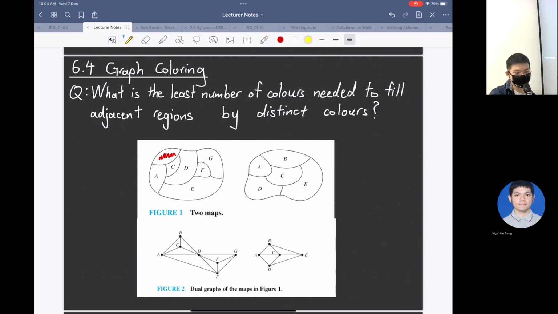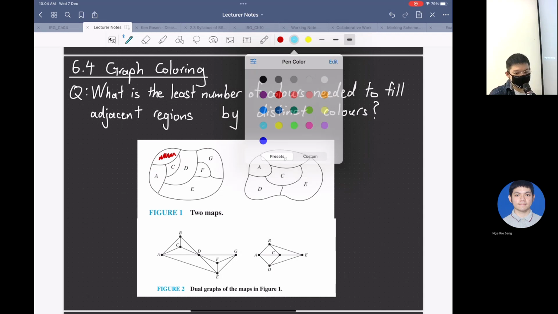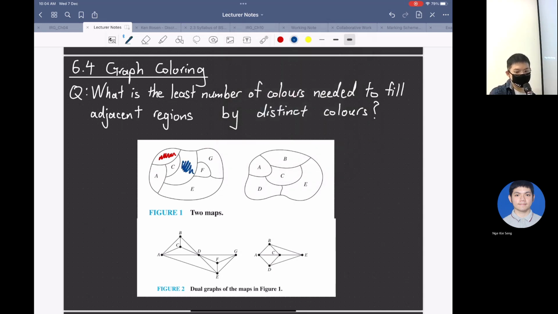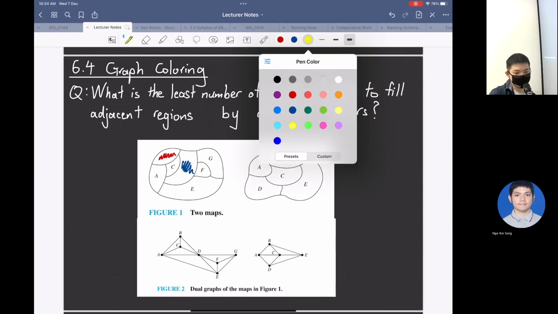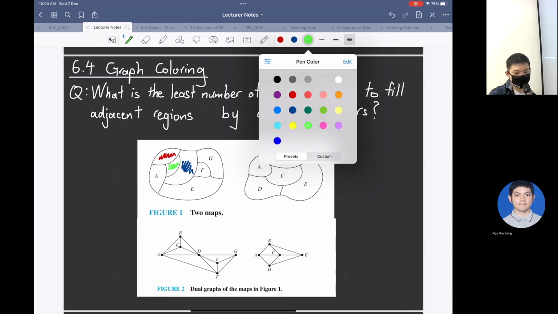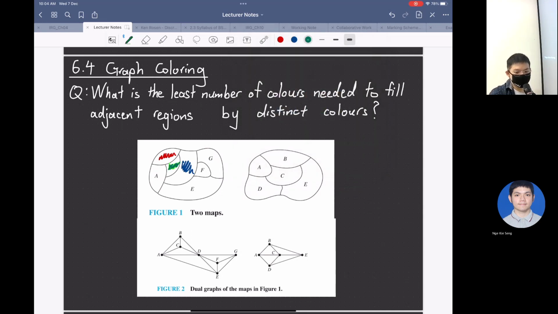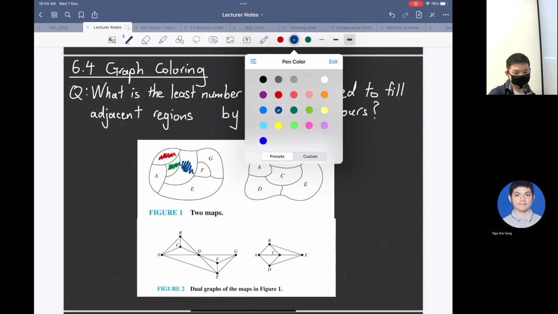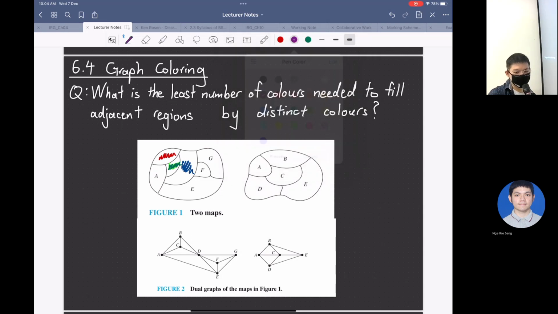So maybe you put red, blue, and so no adjacent region can have the same color. So what's the least number you need?